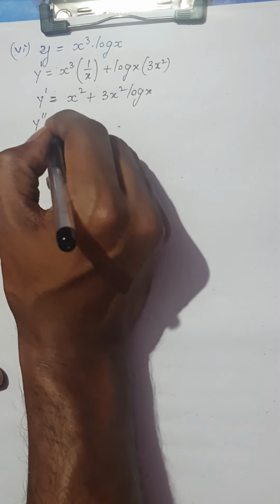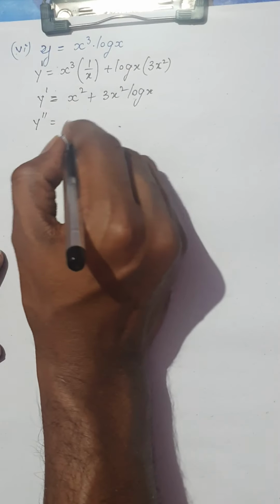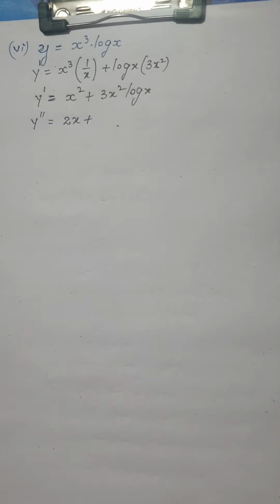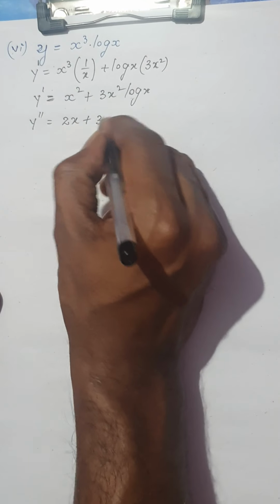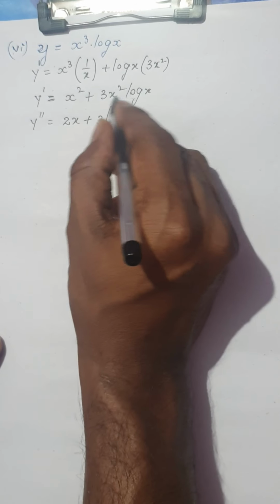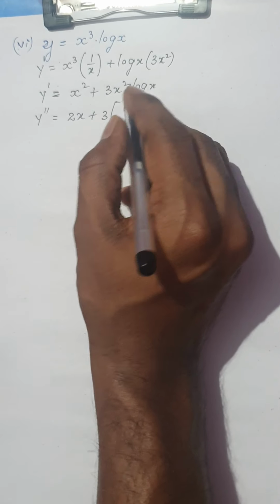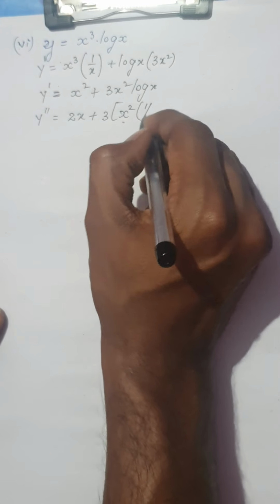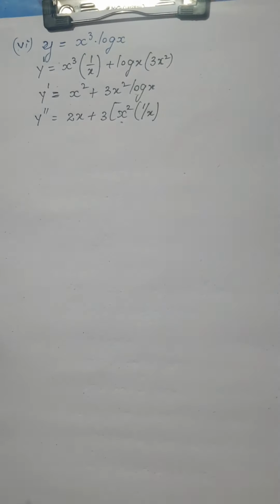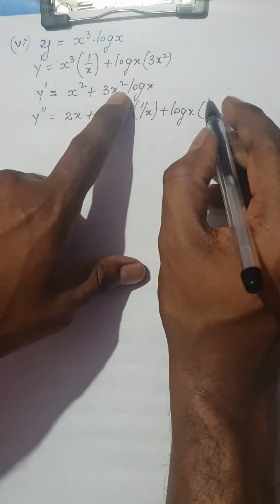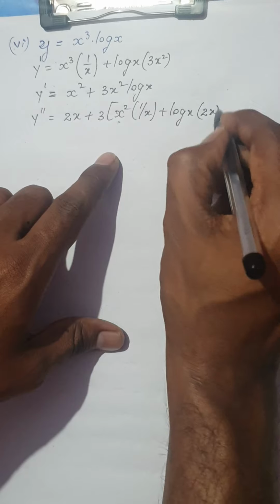Now the second order derivative, y double dash, is nothing but, what is derivative of x square? Derivative of x square will be 2x. Plus now 3 is a constant, keep it outside. Now again you have a product of two functions, x square into log x. Keep the first function as it is. Derivative of log x, that is 1 by x, plus log x as it is, and derivative of x square would be 2x.